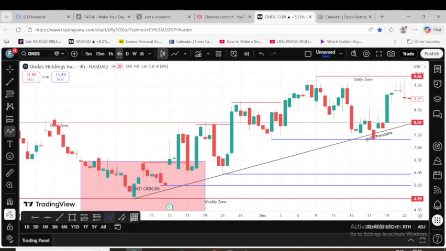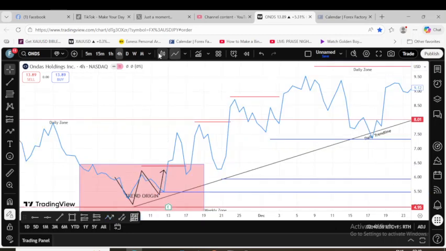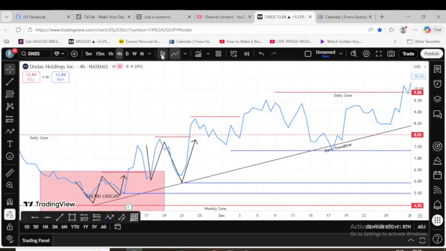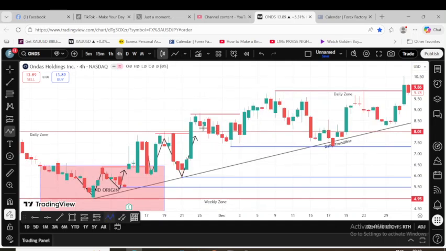First of all, we can see price shows us something like a W pattern here. It's quite wide, but price shows us another one here, and another one here.